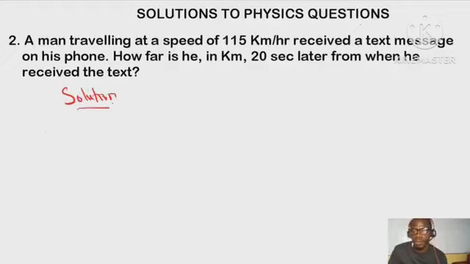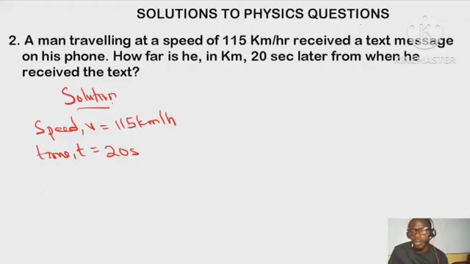We have the solution. We are given the speed, but the speed is given here as 115 kilometers per hour. Now we are given the time t is equal to 20 seconds. Then we are calculating the distance x, we don't know. And we are given the time in seconds, while we are given the speed in kilometers per hour. But we are looking for the distance in kilometers. That means we are going to first convert the 20 seconds to hours.